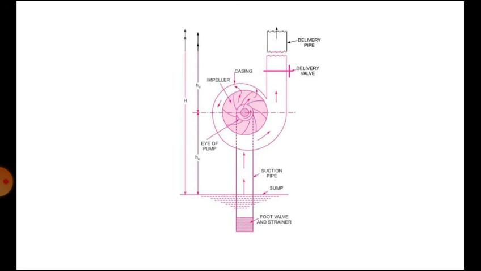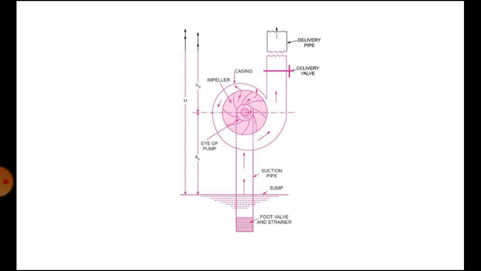And at the top reservoir, the total pressure head is 0 because it is open to atmosphere. The datum height from the datum level is HS plus HD, because we want to take the height from the datum.